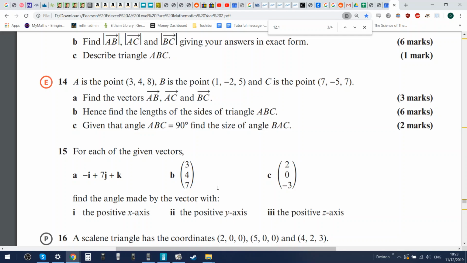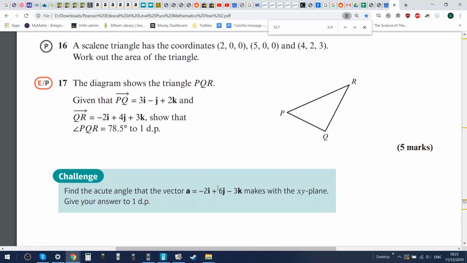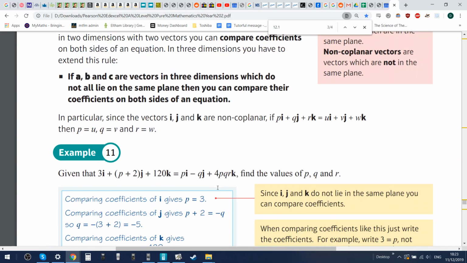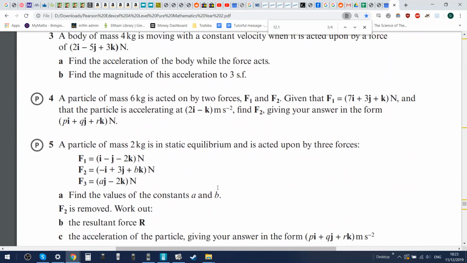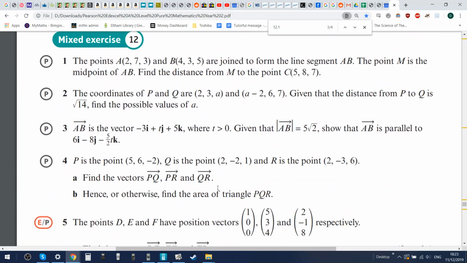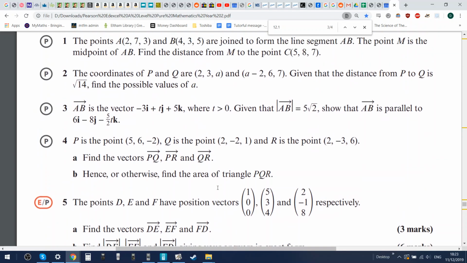Given that the angle is that. Bookie. So there's no similar question. Mixed exercises. Why would they throw this in?